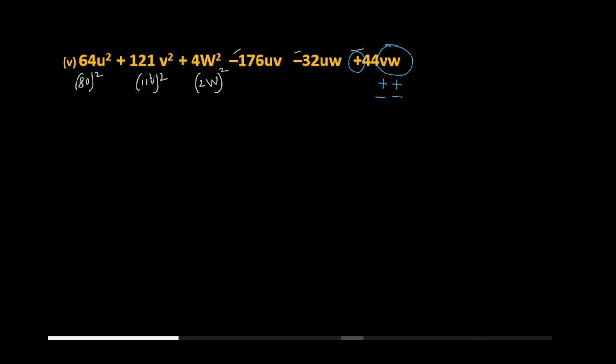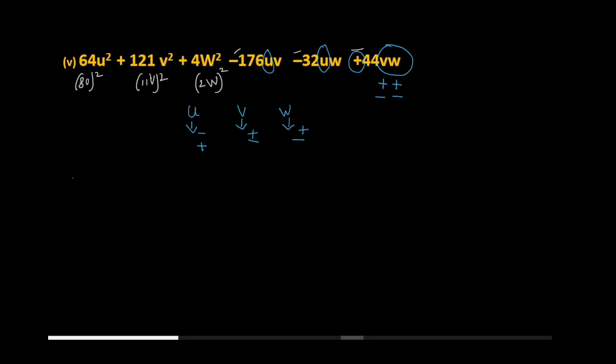Other than v and w, we are having the variable u, so u should have a different sign from v and w. If u is negative, v is positive and w also positive. If u is positive, v is negative, w negative. Like that we can check the expansion.